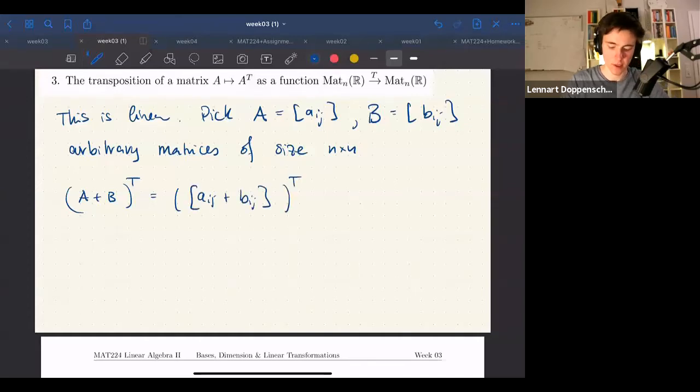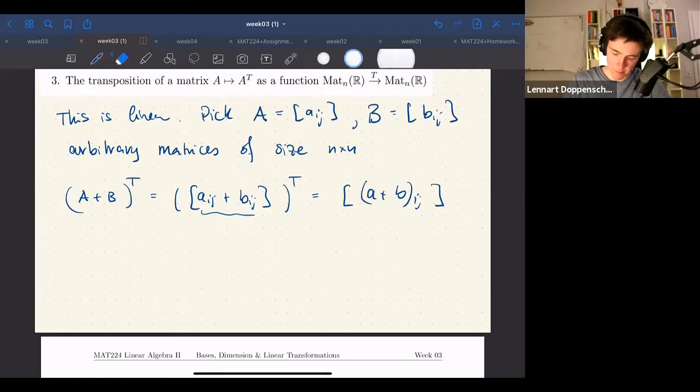Let me transpose this. But now you can think of this as just the new entry in ij for the sum. So this means that we could even make this more suggestive. Let me take one more step in between. Say this is a plus b, aij. Maybe this is confusing.